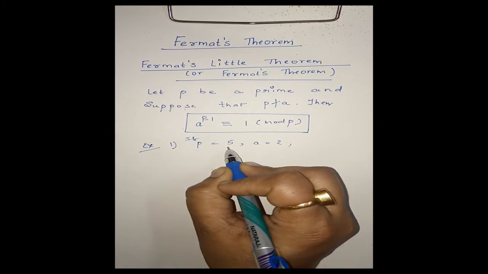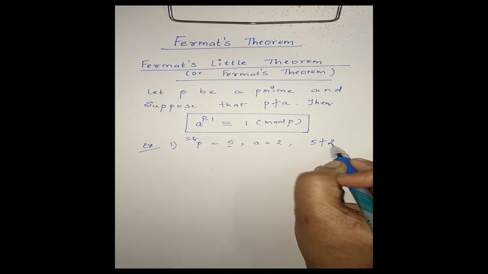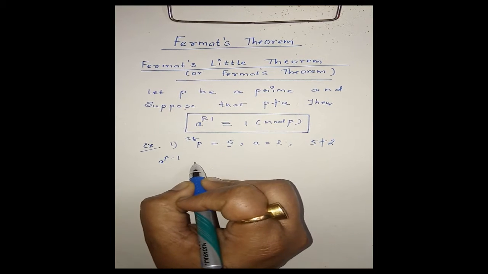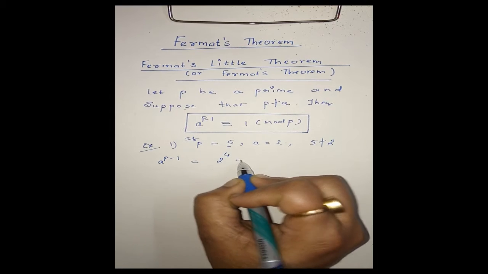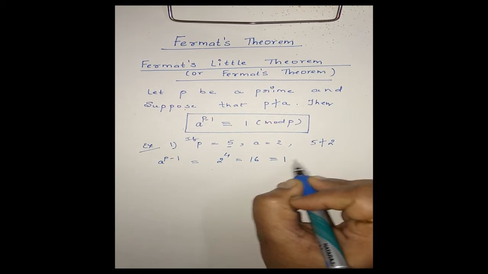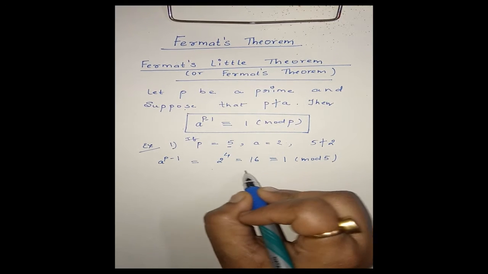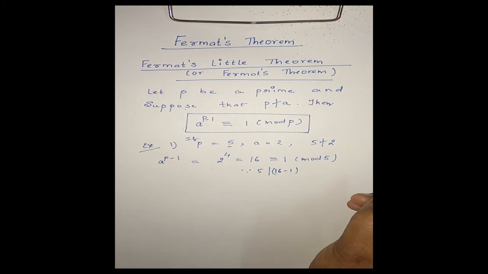Then 5 is a prime and clearly 5 does not divide 2. Then A power P minus 1 is 2 power 4, which is 16, and it is congruent to 1 modulo 5, since 5 divides 16 minus 1. This is the definition of congruence.